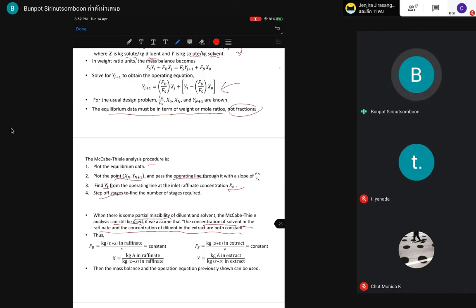You can only use it when this statement is true. So you can still use the graphical technique if this assumption holds, when the concentration of solvent and diluent are constant.